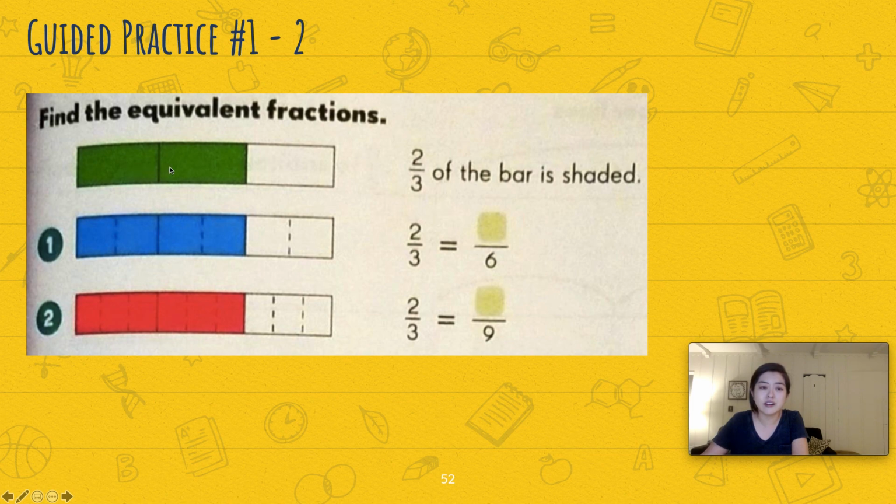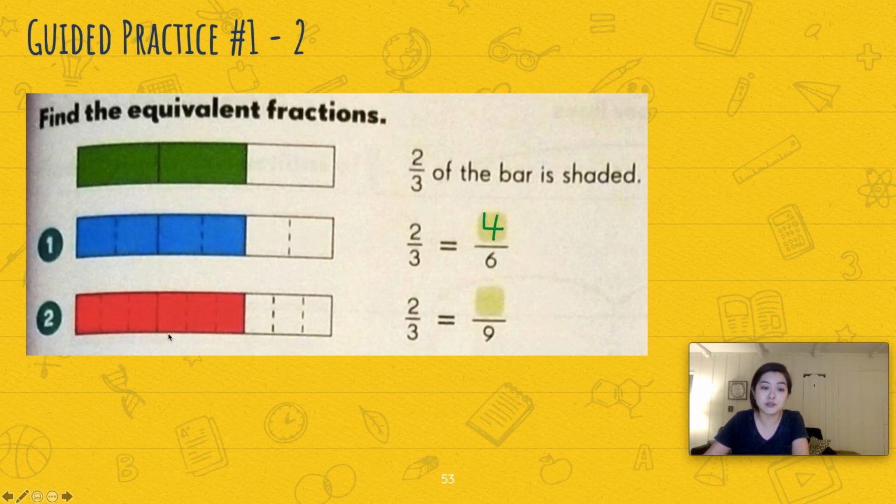Now here, I see these green shaded parts is the same as these blue shaded parts, and they already gave us a 6 as the denominator. How do we know that it's 6 in the denominator here? Yeah, because there's 1, 2, 3, 4, 5, 6 total parts, so that's why it's in the denominator. And what do we put in the numerator? Well, we put the number of blue parts, which is 4.